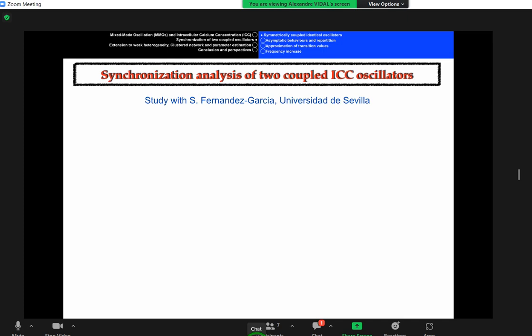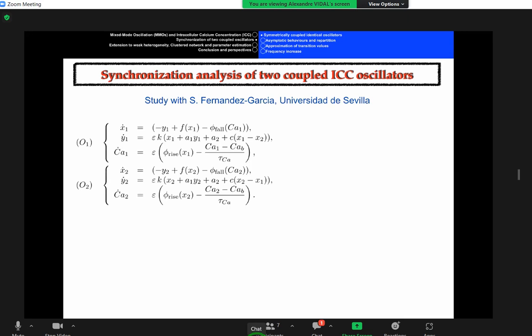So the first synchronization was only to say, okay, if we consider that the ICC in each cluster are perfectly synchronized, then we only need to understand what happens in two coupled ICC oscillators. So we start by considering just two single systems here, X1, Y1, CA1, X2, Y2, CA2. And for the first approximation, we use the symmetry of the coupling by considering that we have the same coupling gain between O1 onto O2 and O2 onto O1.